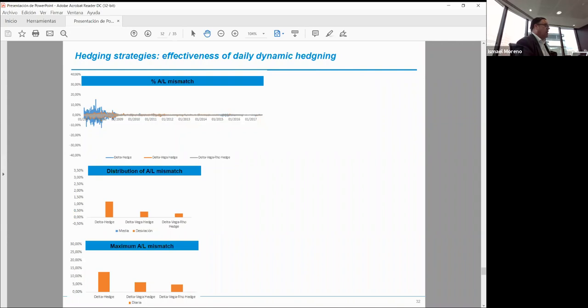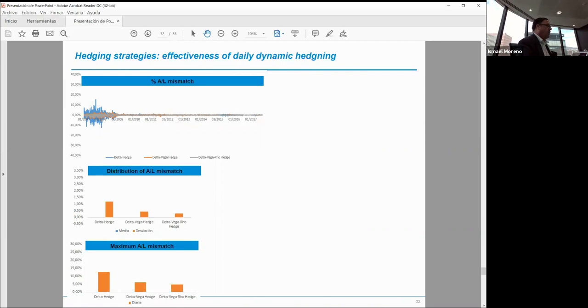We also made the decision to execute a delta Vega hedge, which you see down there in orange. That's the one that we are choosing. The blue one, which is only a delta hedge, sounded quite volatile to us in terms of mismatches between your hedged assets and your liabilities.